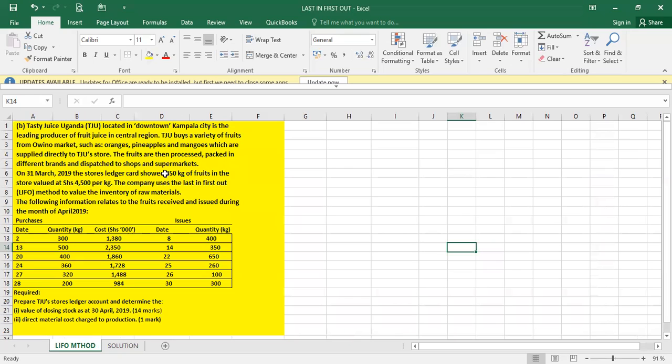They said 31st March 2019, we had the closing stock of 350 kgs valued at 4,500. Then on 1st April 2019, since the previous one is 31st, it will be our opening balance.